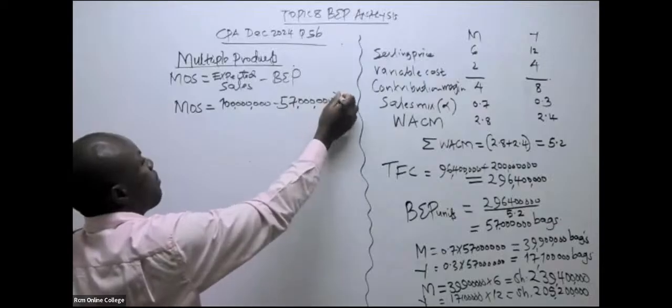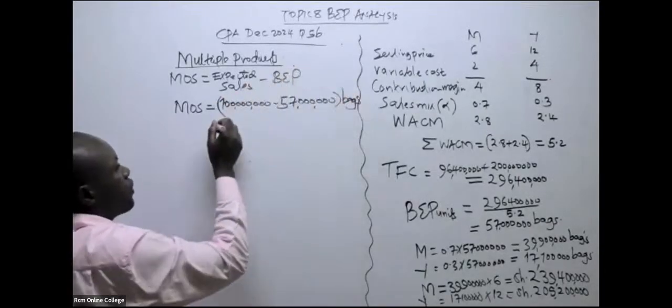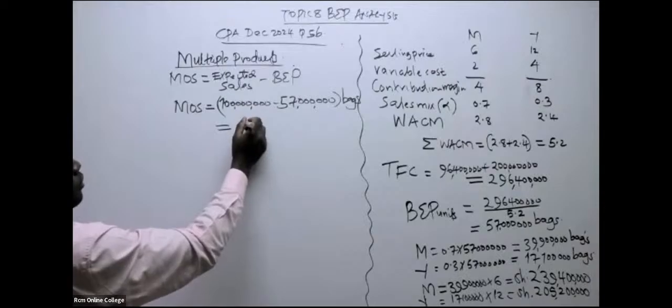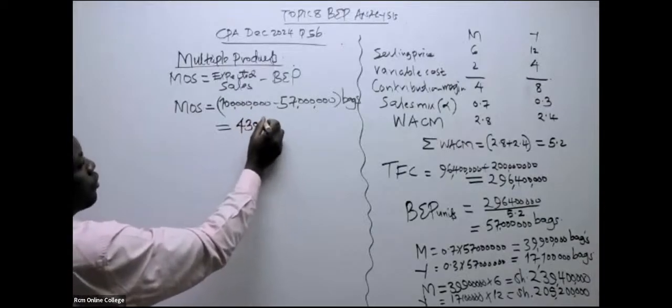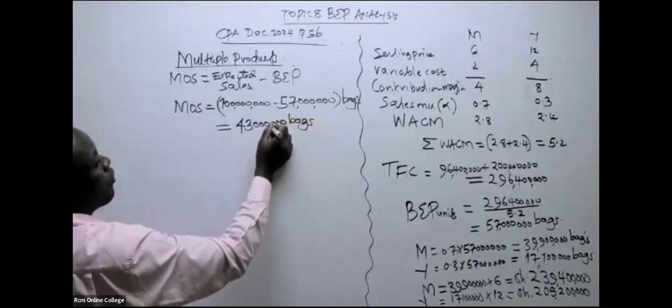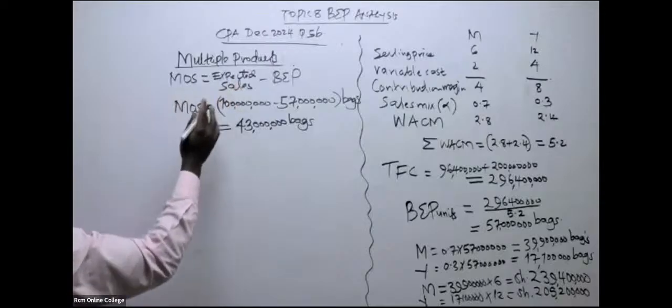Remember, these are bags. Good. So what is our margin of safety in units? 43 million bags.